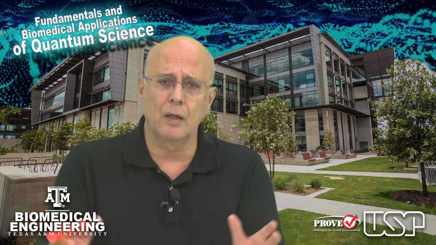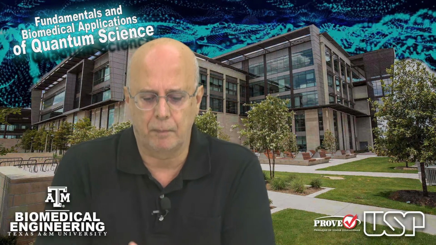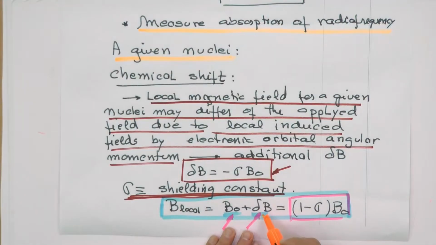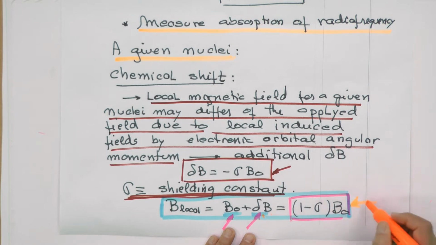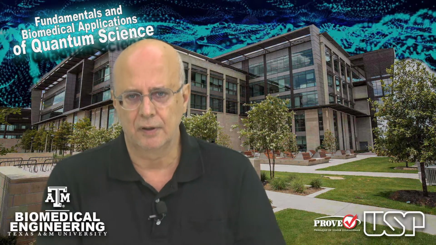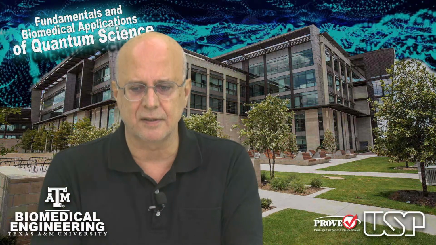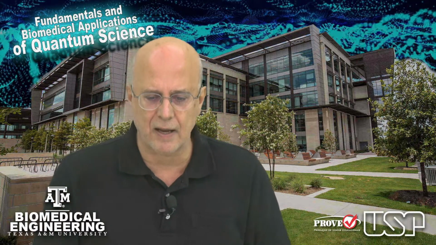So, in conclusion, the local field, which means the applied field plus the response of the local environment of the specific spin, can help me to identify many things because the frequency will be shifted. So that gives me a chance to look at the same kind of nucleus and observe different environments. And that's the basis of spectroscopy using nuclear magnetic resonance.